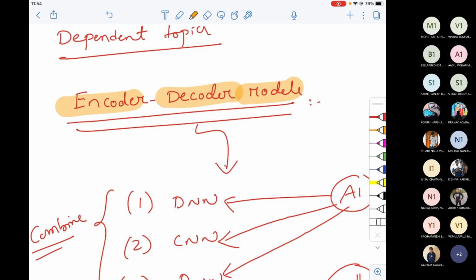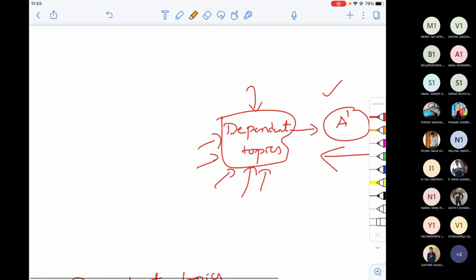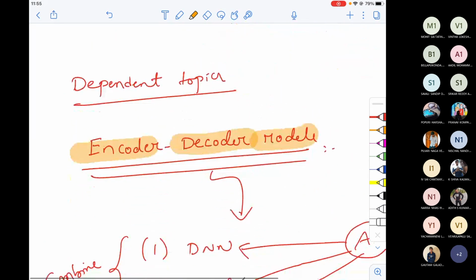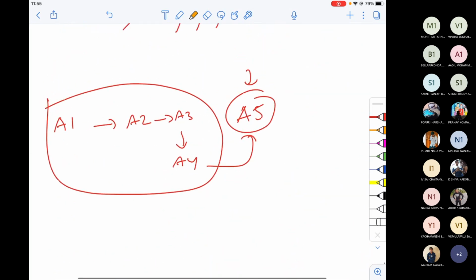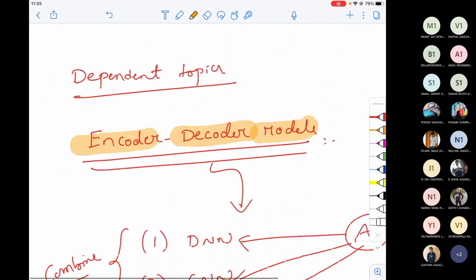I'll take those previous architectures and show you where the encoder is and where exactly the decoder exists. Then slowly we'll jump into image captioning, where I need to combine different architectures instead of homogeneous architectures, and then slowly link up to study object detection architectures.